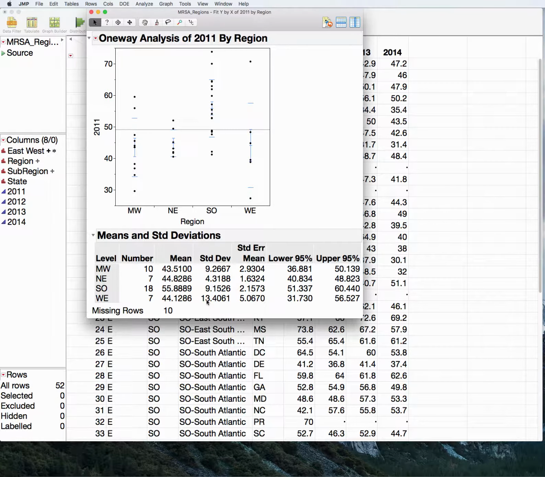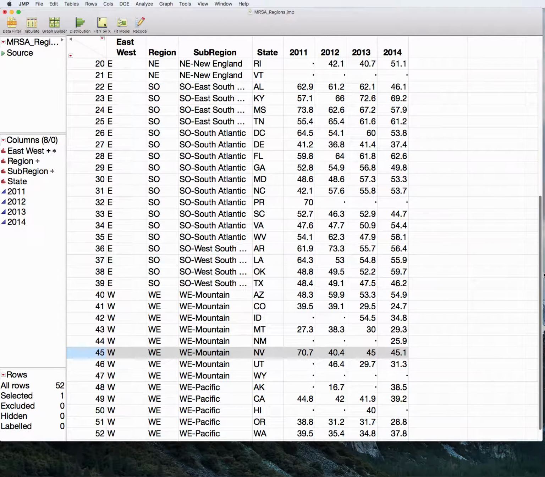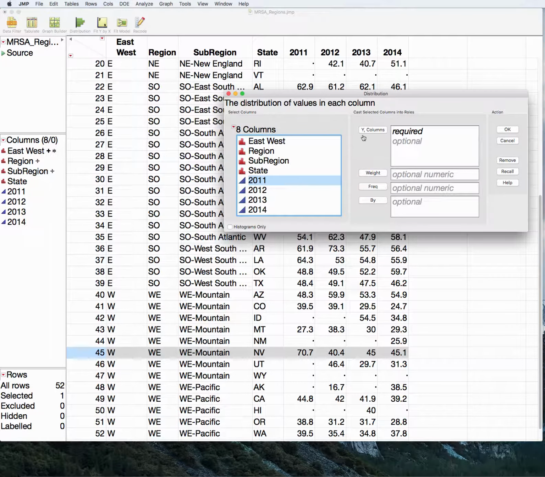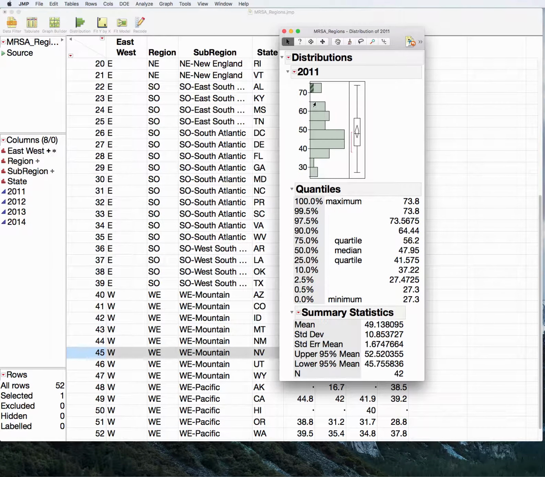Now the West group has a very large standard deviation due solely to this outlier, which is from the state in row 45. You can actually hop back into your data set and see that's from Nevada, which reported an unusually high value. It is important to note that if you look under 2011 overall, it is not the only value that high.